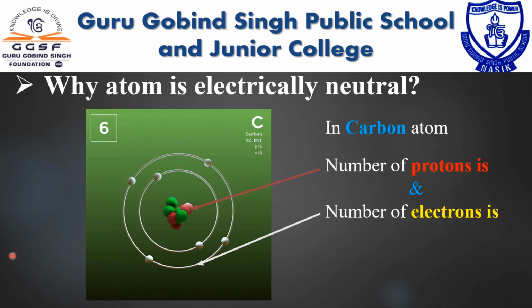To understand this concept, let's consider the example of carbon, symbolically denoted as C 12 with atomic number 6. The number of protons in carbon is 6 and the number of electrons is 6. As the number of electrons is equal to the number of protons in the nucleus, the electrical charges get balanced and the carbon atom is electrically neutral.